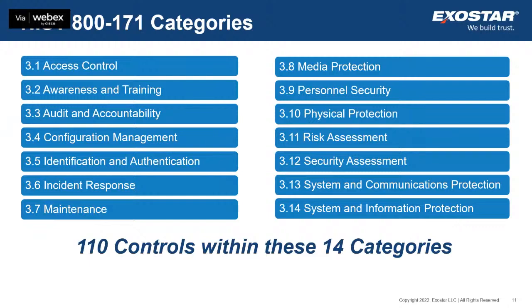So again, if you're currently fulfilling a government contract, and you have DFARS clauses in those contracts, they most likely today call out that you need to be fulfilling these controls today. And so you may have already done an assessment of how you're doing against these.